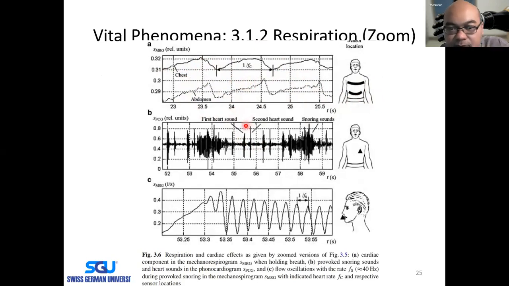And B is the provoked snoring sound here, and the heart sound in the phonocardiogram. Mostly what we hear is the first heart sound and second heart sound, so it's not that easy to determine the respiratory cycle from here.